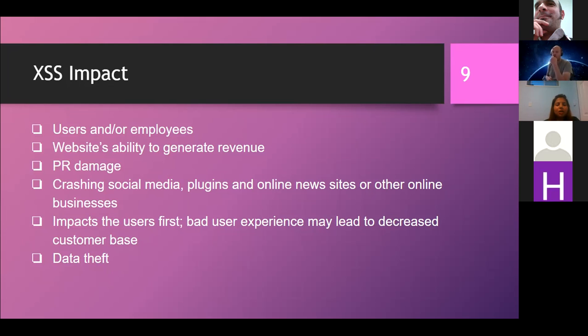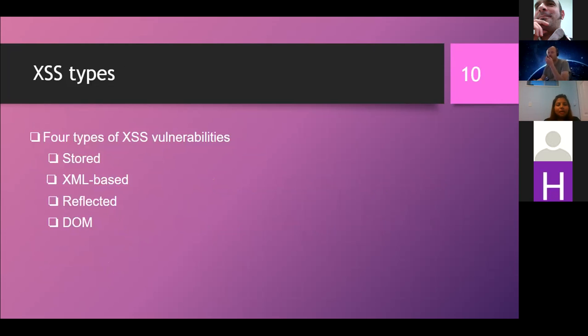As seen in attacks of the last decades, data theft is a very significant cause of XSS attacks. There are 4 types of XSS vulnerabilities: stored XSS, XML-based, reflected XSS, and DOM XSS.